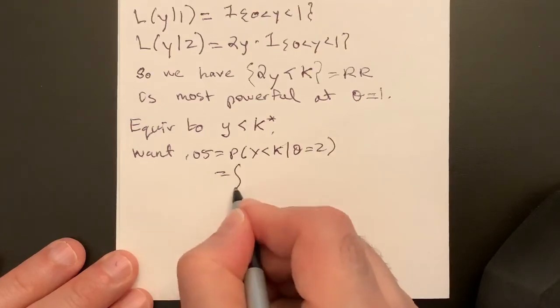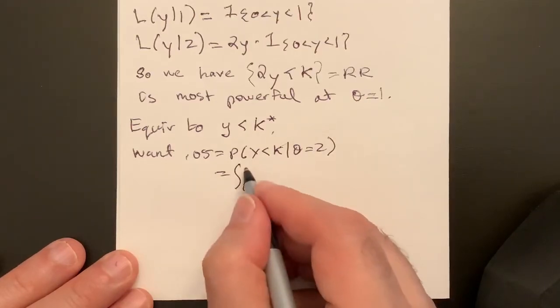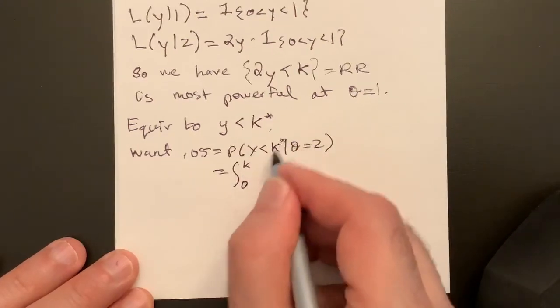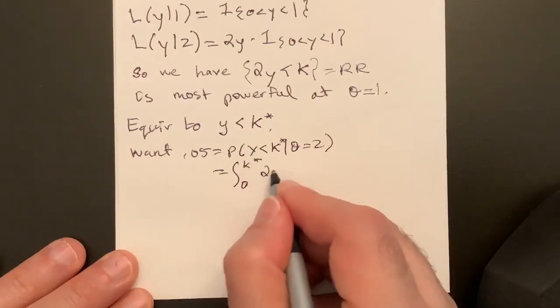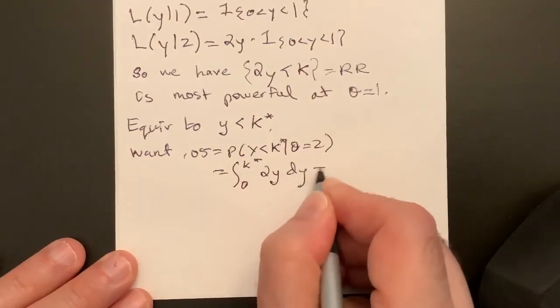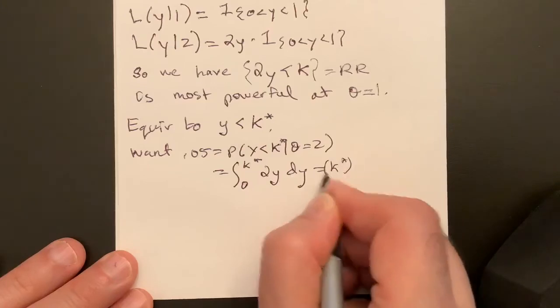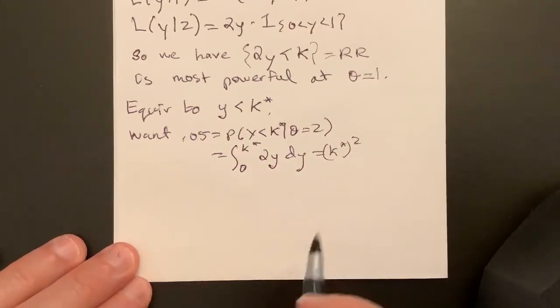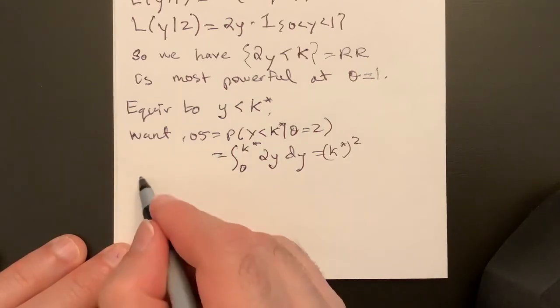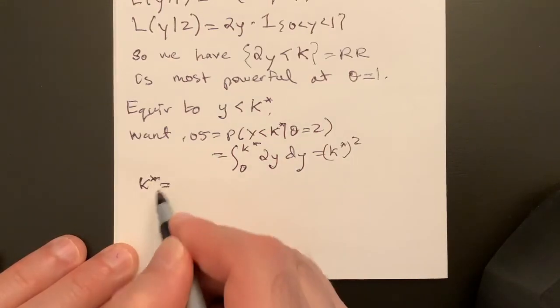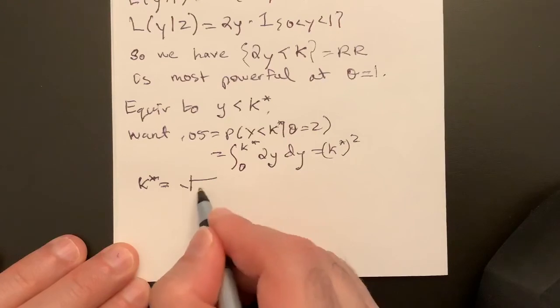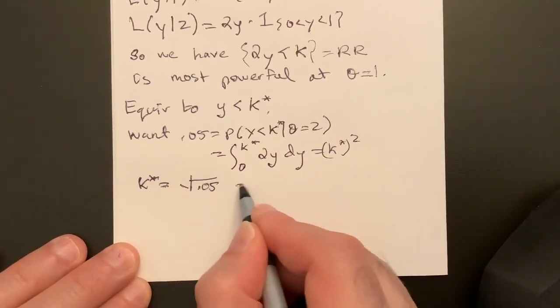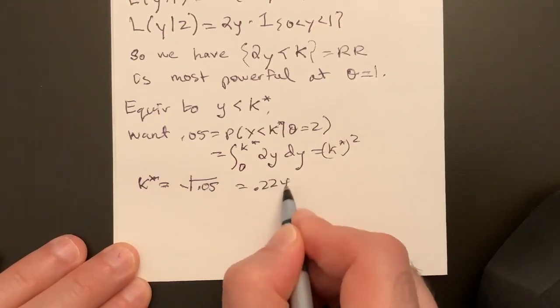But that's just equal to the integral from 0 to k star of 2y dy, so I get k star squared. I want that to be 0.05, so k star is just equal to the square root of 0.05, which is equal to 0.224.